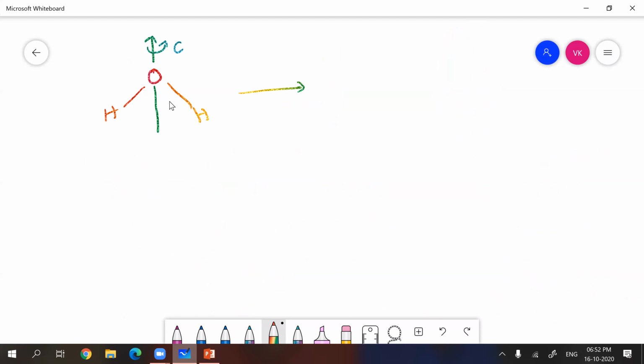So if I rotate it through this axis, let's say we give numbering, even though we can't differentiate hydrogen atoms, to know whether it is giving an equivalent or identical structure. When you rotate it around this axis by 180 degrees, this hydrogen comes to this place, and this hydrogen comes to this place. Normally we can't differentiate the hydrogen atoms, so this is said to be an equivalent structure.